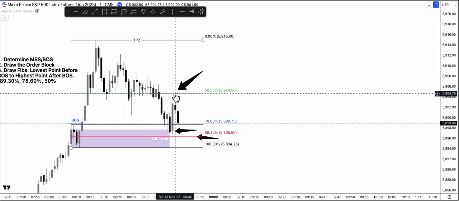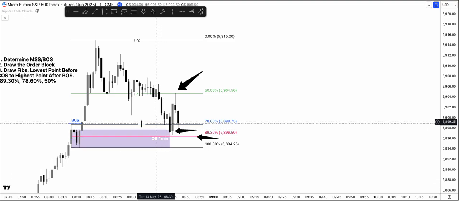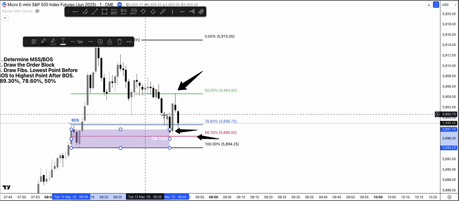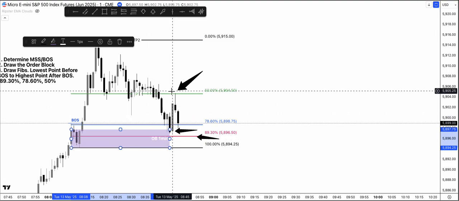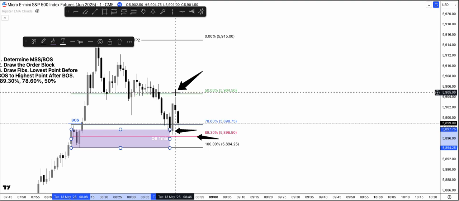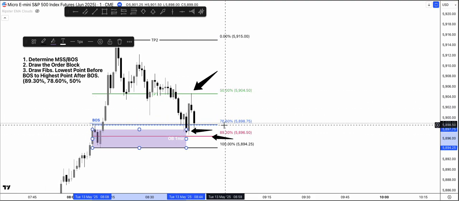But let's assume that we got filled at the order block or at the blue line, if the order block was bigger, and we also got filled at this red level. So you take half of the profits there, and then you move your stop loss to the blue line.